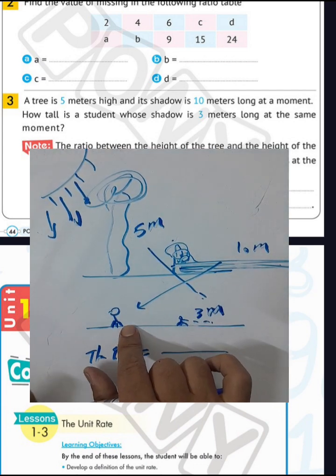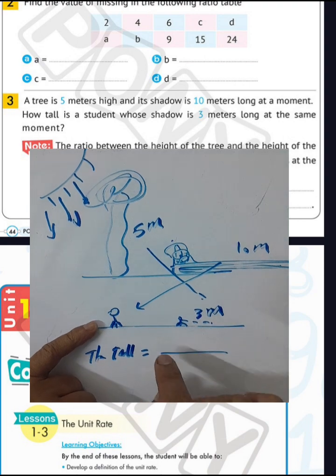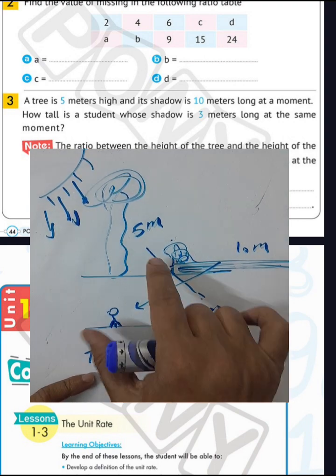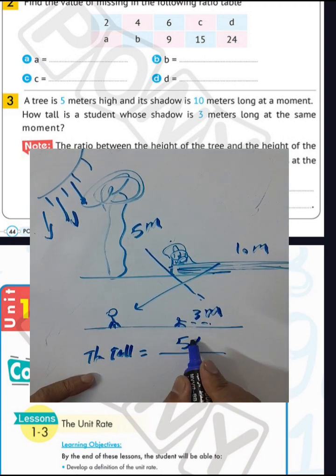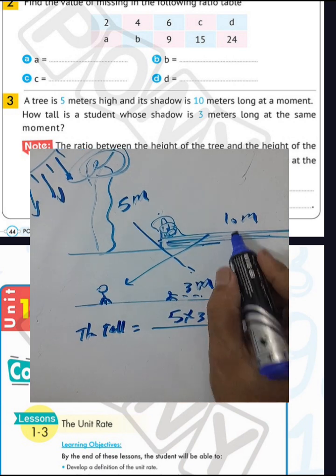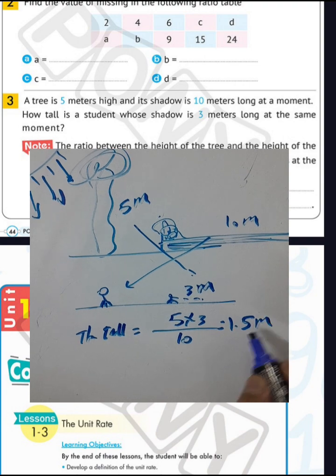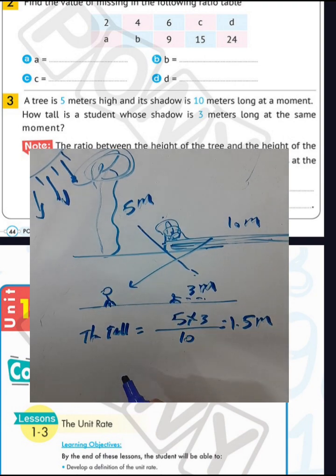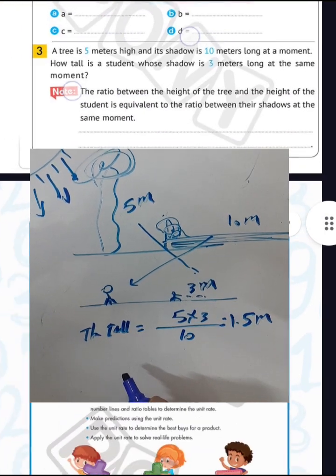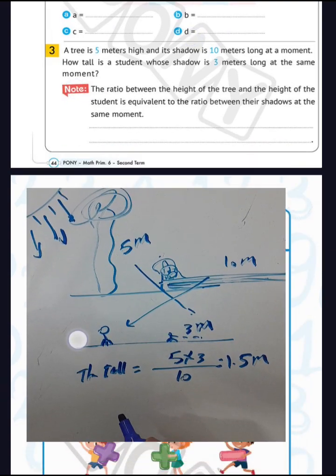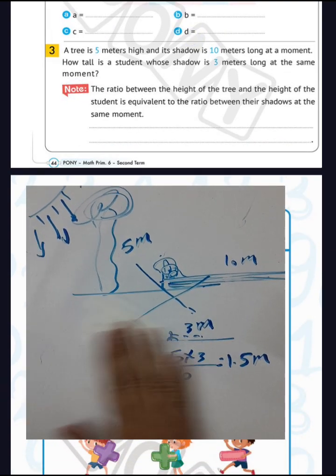And what about this length here? We can find the height by writing 5 times 3 divided by 10. It will be 1.5 meters. Okay, it's the height of the student. The height will be 1.5 meters.